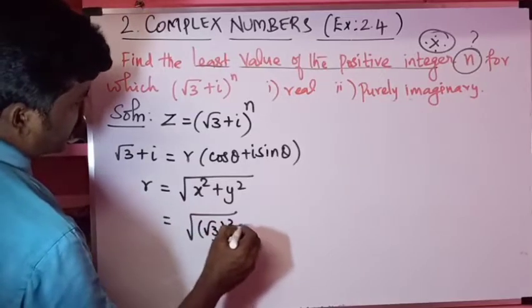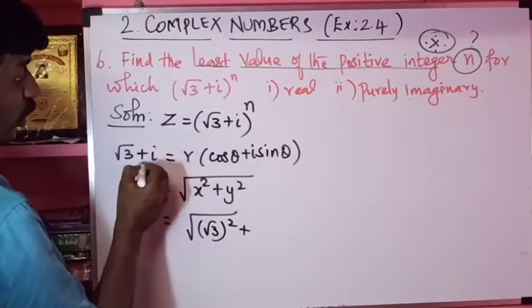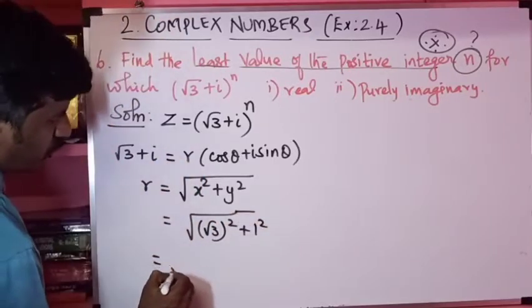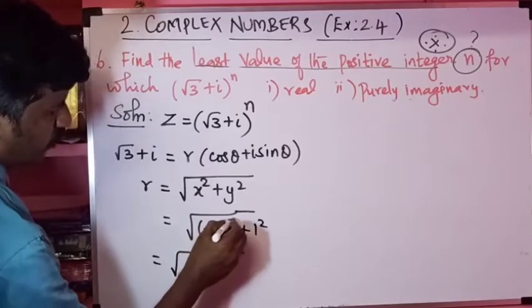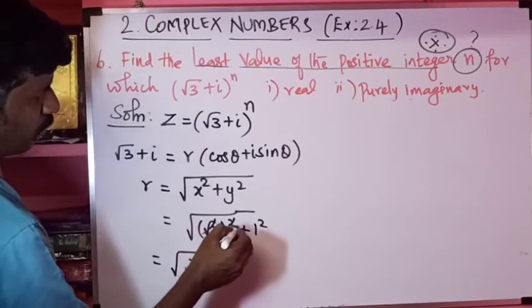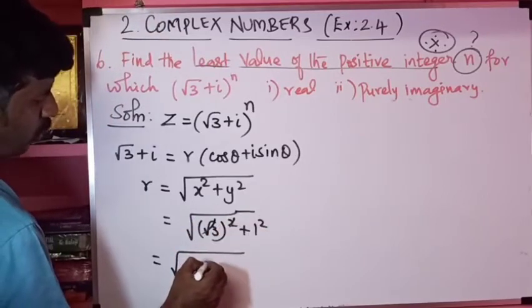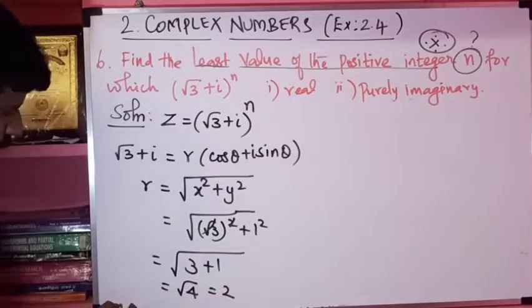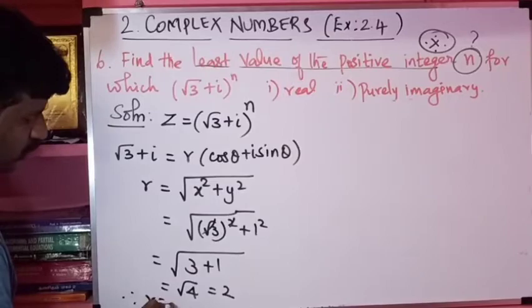The square and the root cancel, giving 3, plus 1 squared which is 1, equal to √4, which is 2.